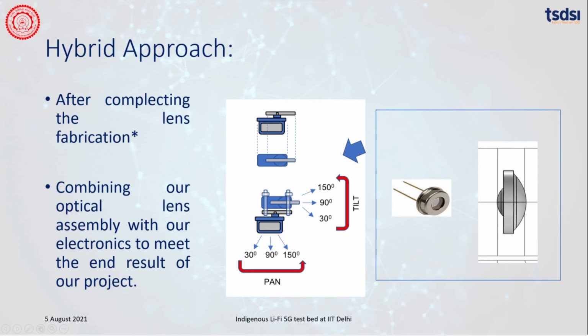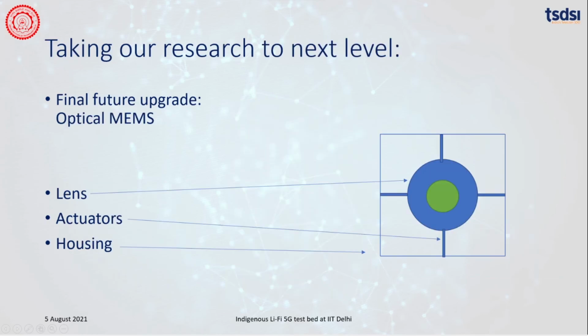And even if the orientation of the device is changed, it keeps you connected to the Wi-Fi network. Once we have completed our hybrid approach containing both electrical and optical parts, we could start working on reducing the whole package's size and creating an optical micro electrical mechanical system containing lens, actuators, and a housing small enough to fit in handheld devices such as mobile phones.